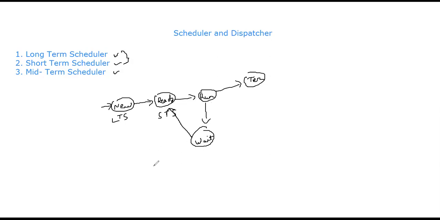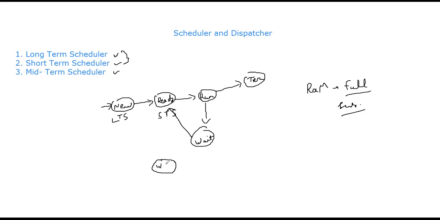Now, there is one more thing which we had discussed: if my RAM gets full, what happens? We will move into the suspended state. I hope you are aware of the suspended state.